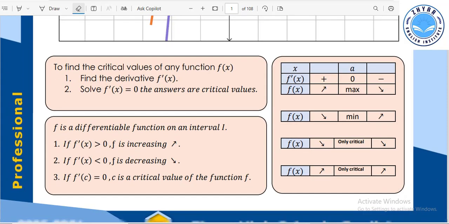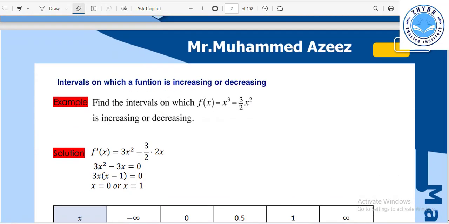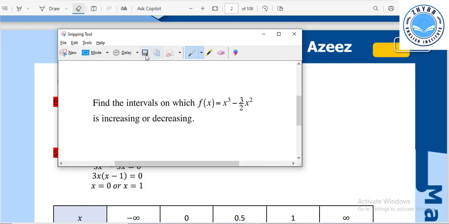The first example in this regard in the book is x power 3 minus 3 over 2 x power 2. Let's solve this one. Find intervals on which the function is increasing, decreasing.